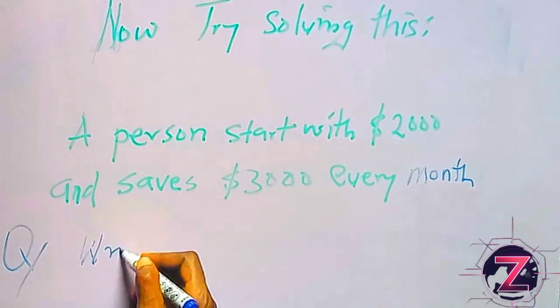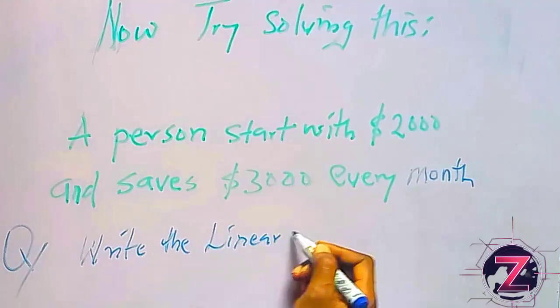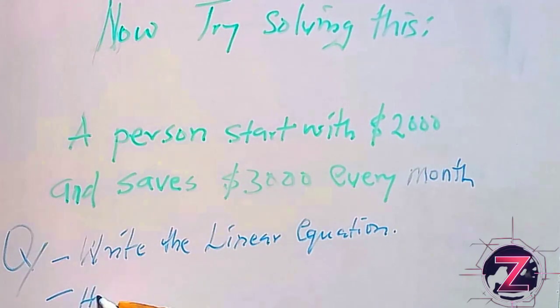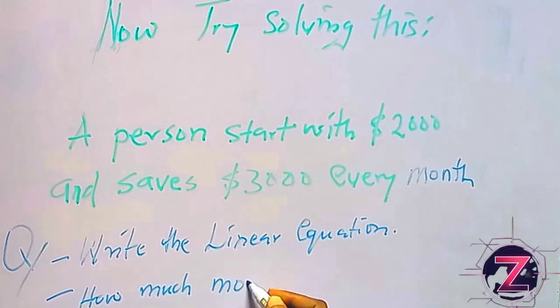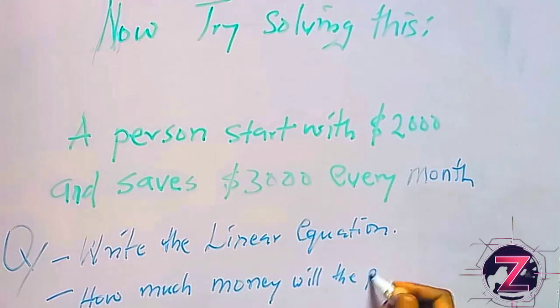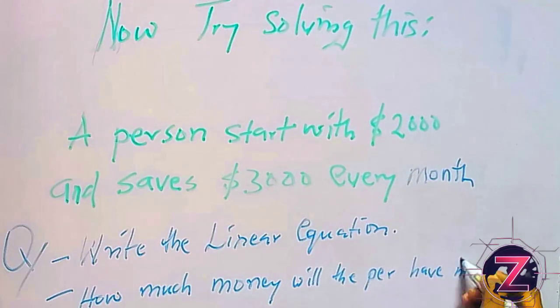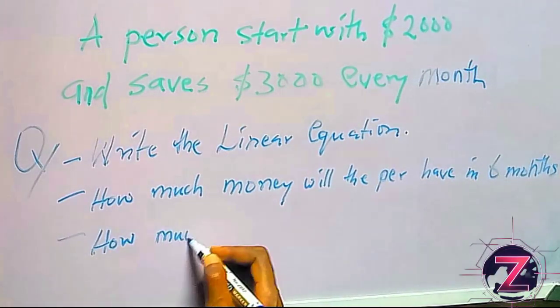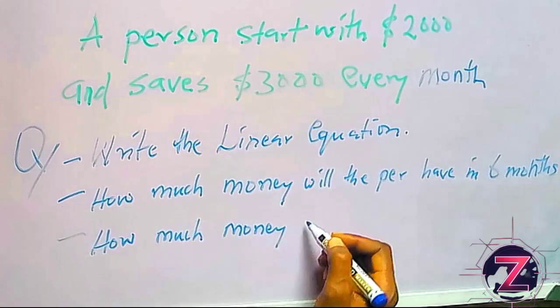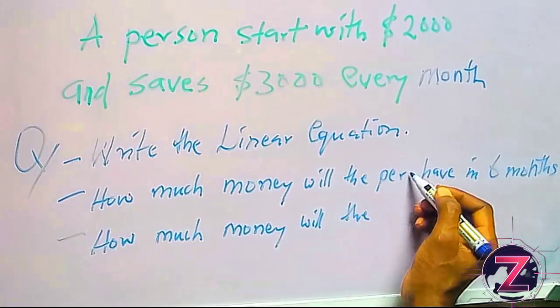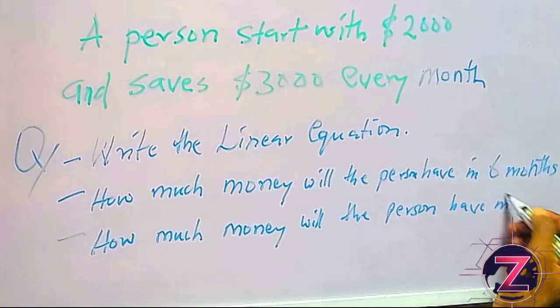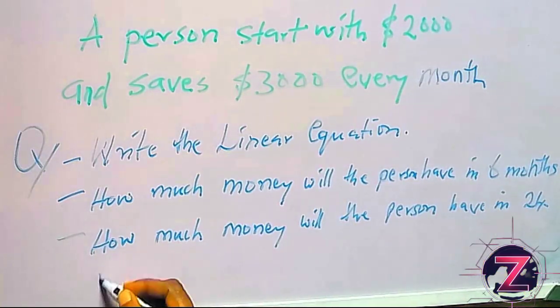The question now is, write a linear equation. How much money will the person have in 6 months? How much money will the person have in 24 months? If you tried this at home, leave your answers in the comment section.